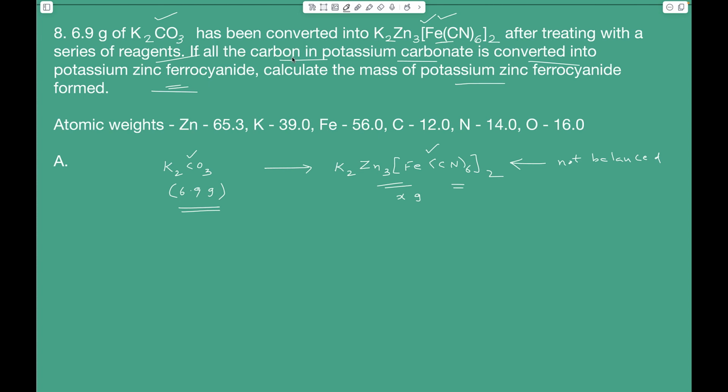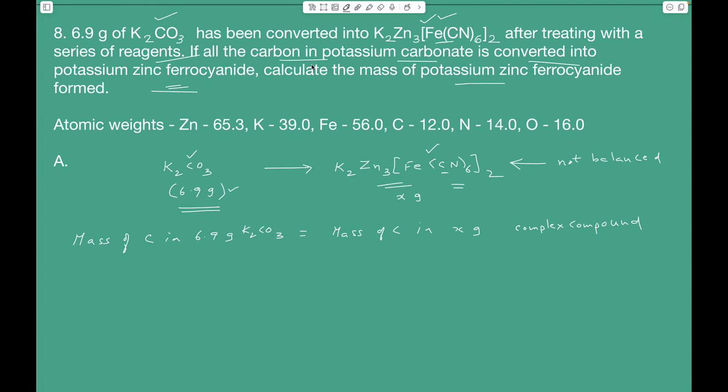So as we understand from the question, all the carbon present in 6.9 grams of this compound ended up in this compound. It did not go anywhere else. So that simply means, by applying the law of conservation of mass, the mass of carbon in 6.9 grams of potassium carbonate is equal to the mass of carbon in x grams of this complex compound, right?